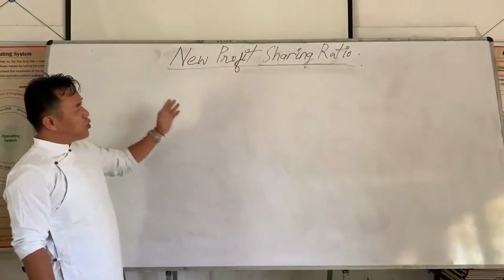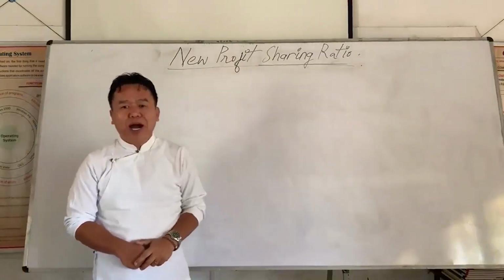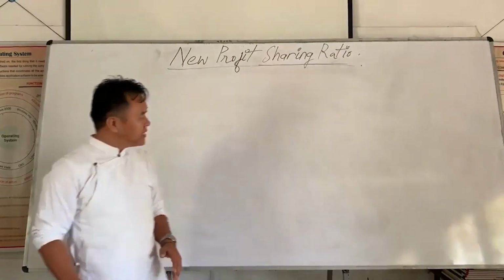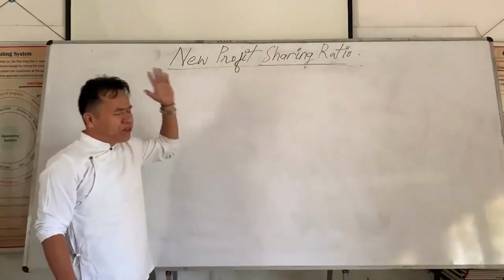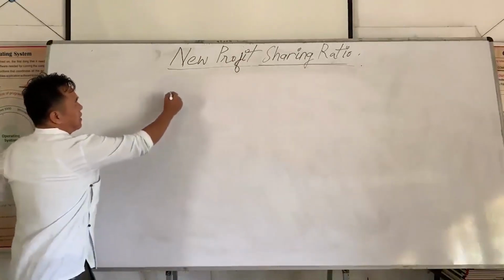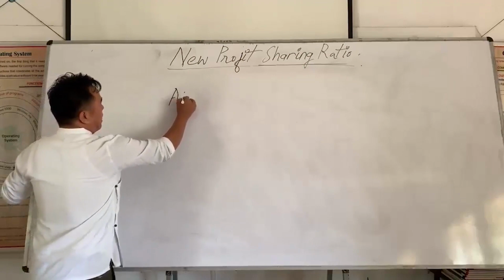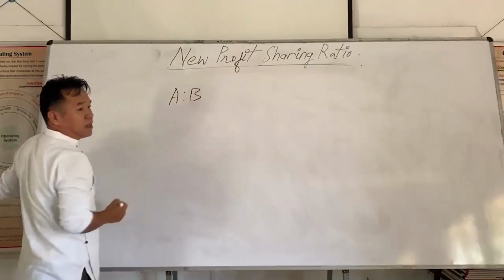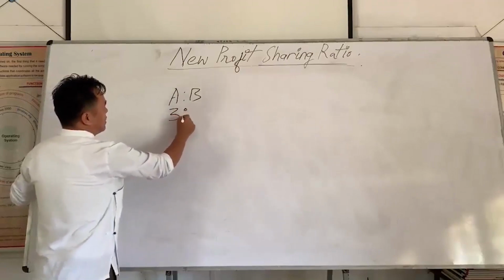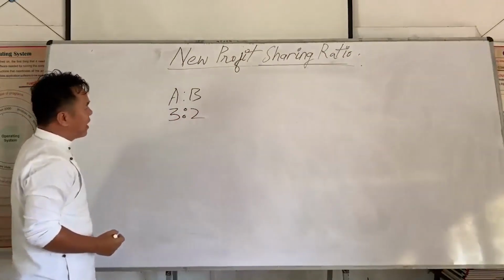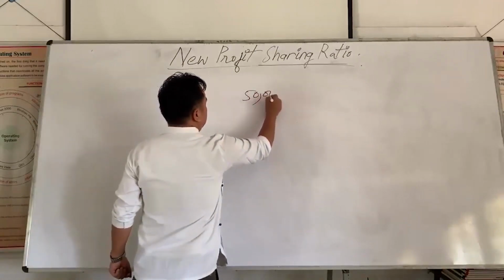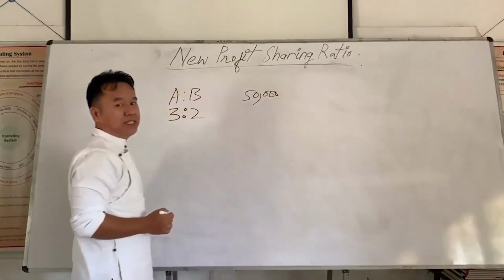Now, my second point is why we calculate new profit sharing ratio. For this, I'm going to explain with a very simple example. Suppose A and B are partners sharing profit in the ratio of 3:2, and the firm has a profit of rupees 50,000 during the year.